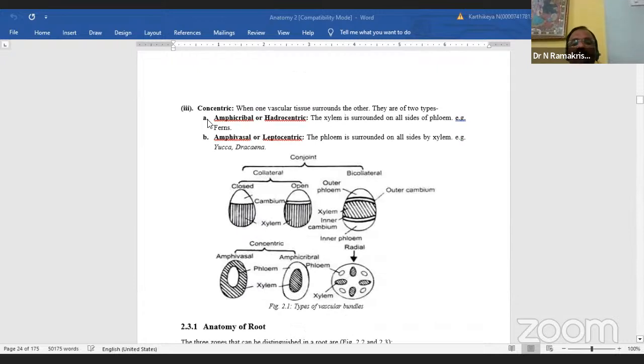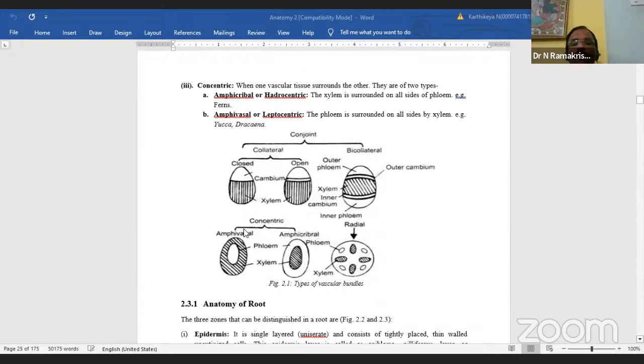And here now you see concentric bundles, where one vascular tissue surrounds the other.